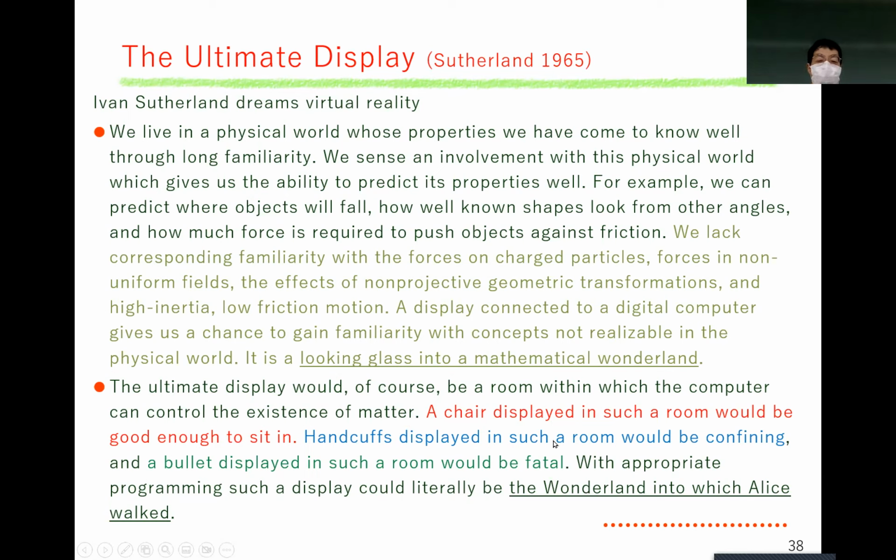Handcuffs displayed in such a room would be confining, and a bullet displayed in such a room would be fatal. With appropriate programming, such a display could literally be the wonderland into which Alice walked. This is an essay written in 1965. So before he created the HMD, what he wanted to make was this kind of dream of virtual reality.